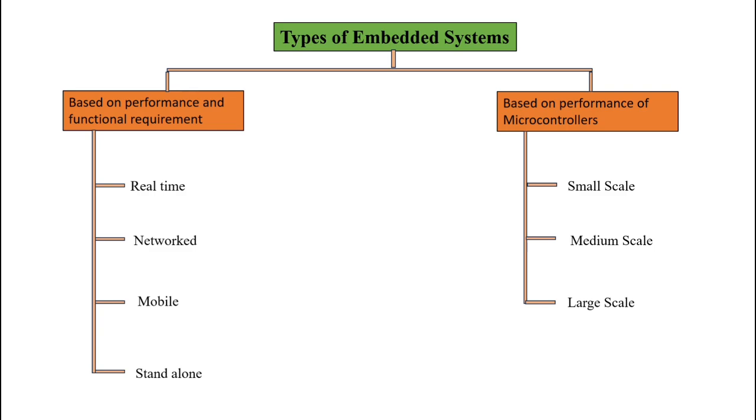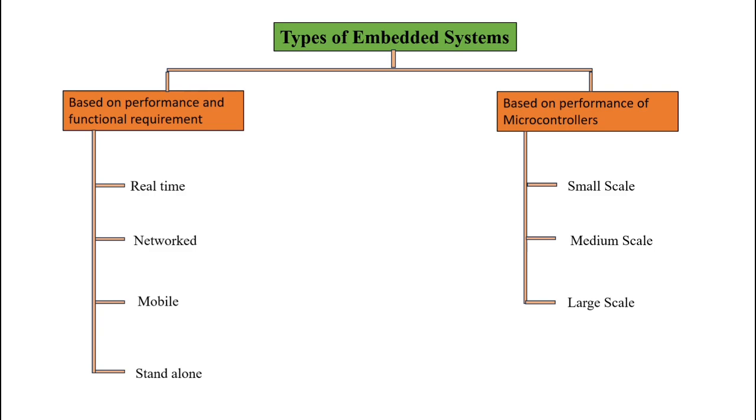Types of automated systems. We have two types: based on performance and functional requirements, and based on microcontrollers. Based on performance and functional requirements, they are again divided into four types: real time, network, mobile, standalone. Real time means it will access the data at any time and give the exact data which is running now.